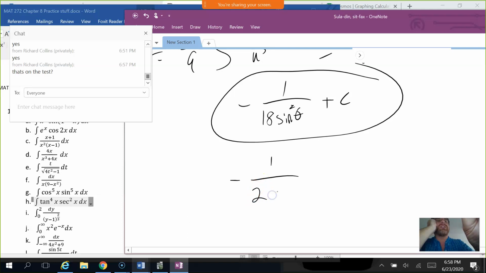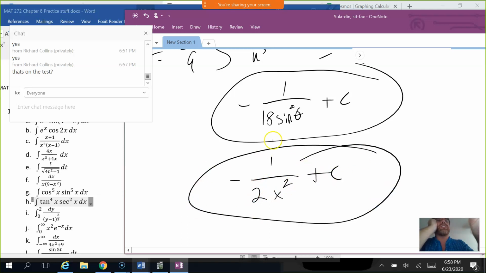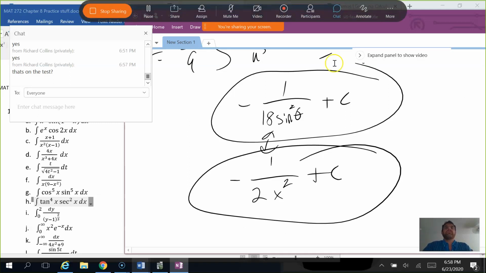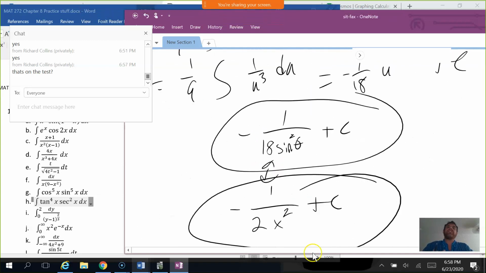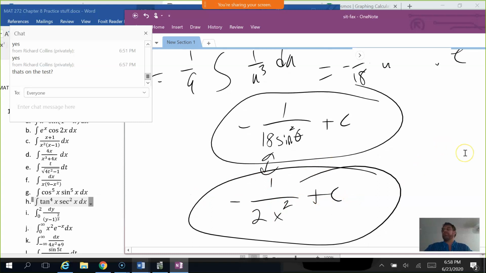So just 2x squared plus c. These are the same thing. Yeah, so don't forget to do that. If your original question is in x's, make sure you have x's in your final answer. Don't leave them in terms of theta. Substitute them back out. Okay, great.